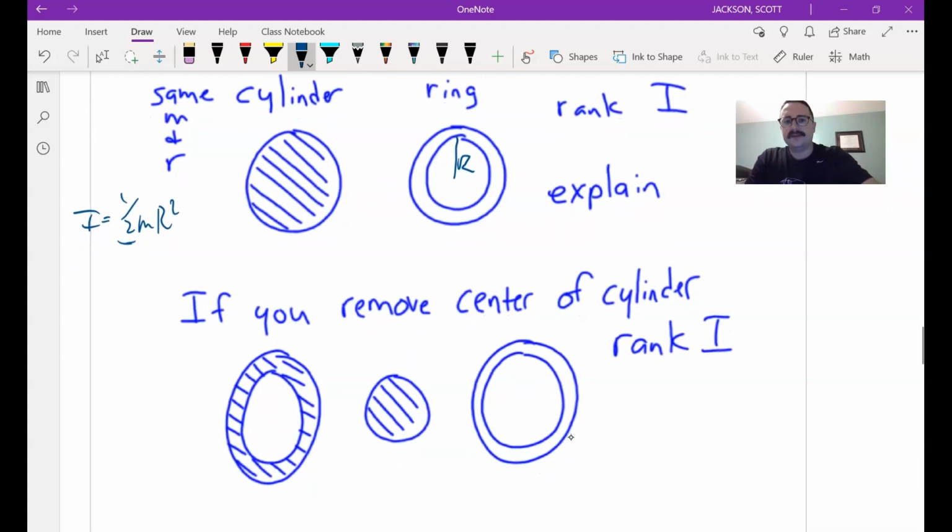So let's talk about then if we remove it. Some people may want to say, well, these are both rings, so they'll be the same. But let's go back and think to this problem. This problem, right, do you notice how I have a ring right here?